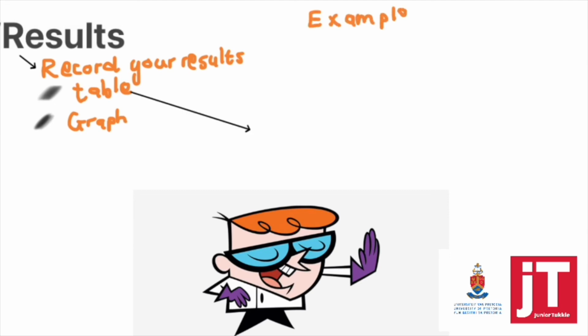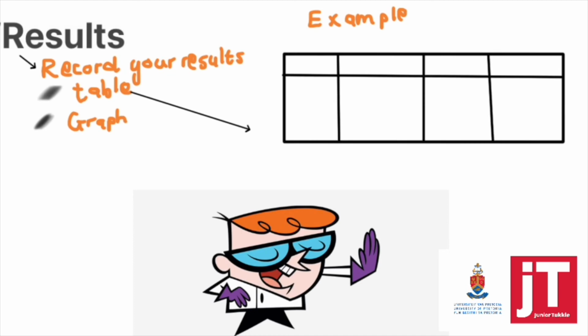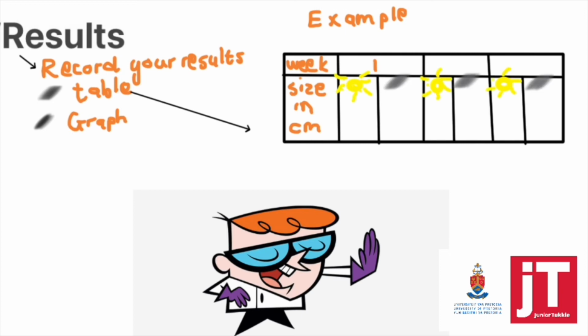So I quickly drew a table where it indicates that I chose to measure the size of the tomatoes once a week, which is my independent variable. Then I have the size of my tomatoes, which is my dependent variable, and then I measured the sizes in the sun and also in the shade.